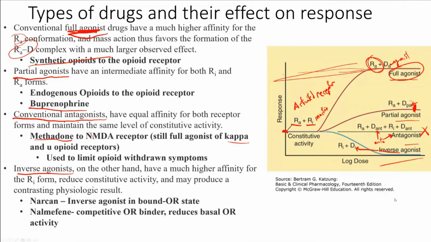Cool. So, Professor, what class do the ACE inhibitors fall under? Oh, ACE inhibitors. So ACE inhibitors are for hypertension, and they are antagonists for the ACE receptor. But for the physiological response, you may consider them an inverse agonist. Depending on how you look at it, it could be both.